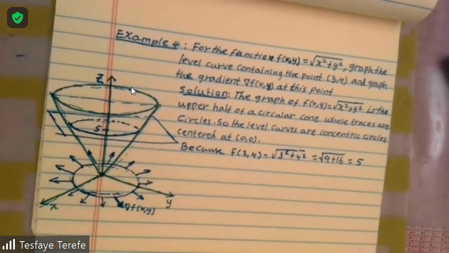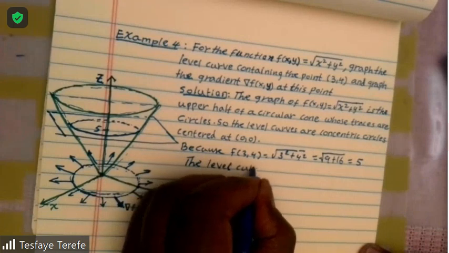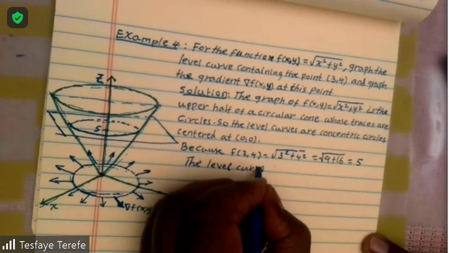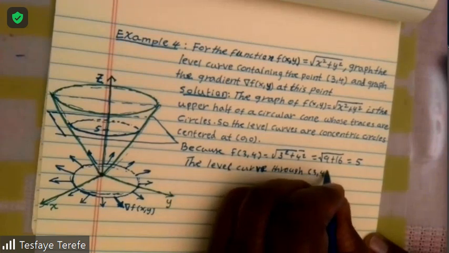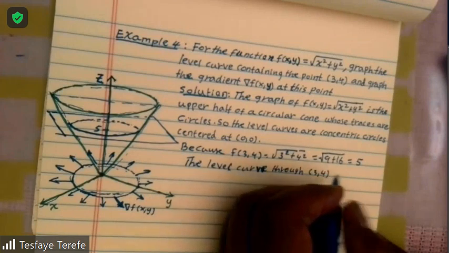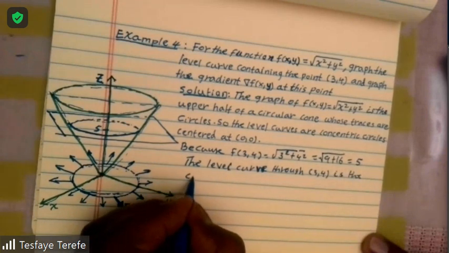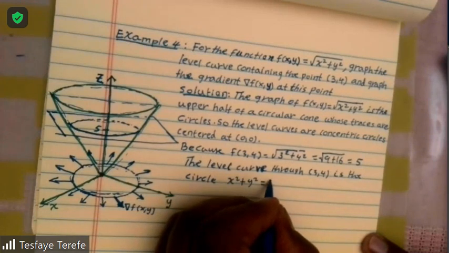So what is really happening? The level curve through the given point, that is (3, 4), is a circle: x squared plus y squared is equal to 25.